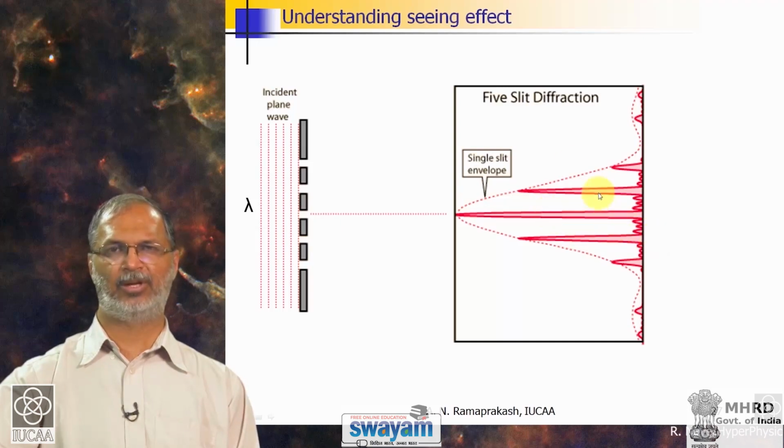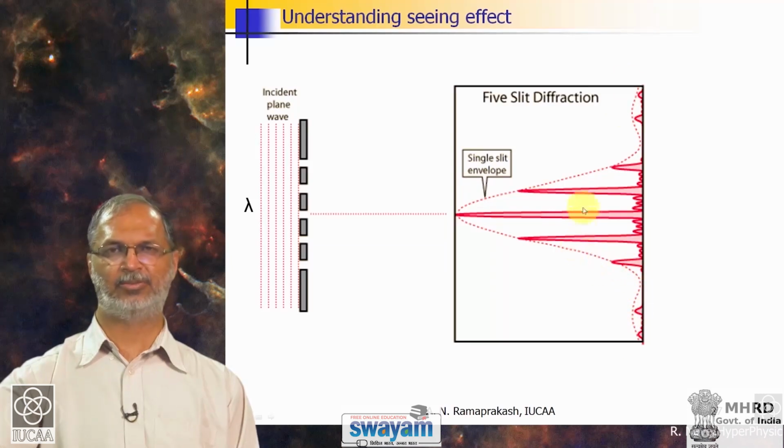There are multiple bright patterns here. For example, each of these bright peaks reduces in intensity as it moves from the center. So, if I plot an overall envelope on top of it, you get a pattern like this.